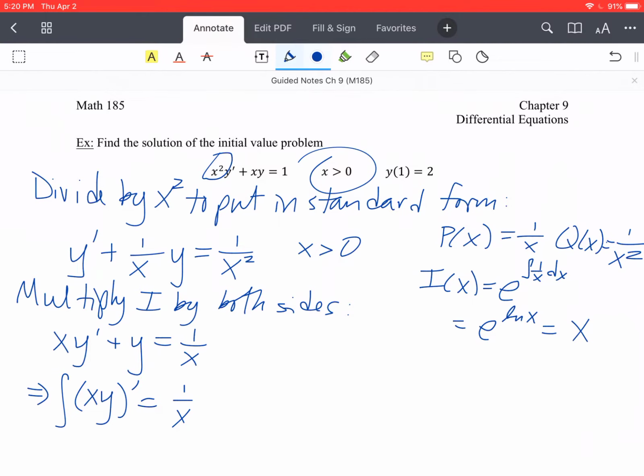And then we can integrate both sides. So this is going to give us xy equals integral of 1 over x dx, which is just ln of x plus c.